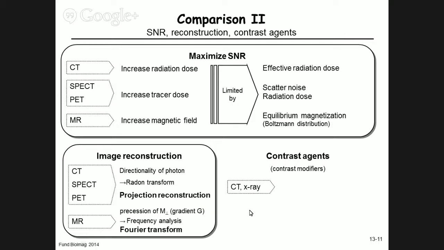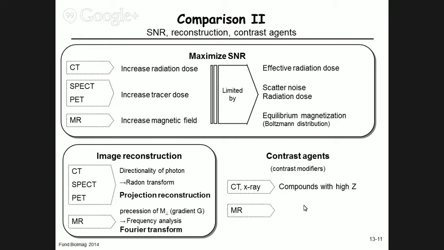In computed tomography or X-ray, contrast agents are typically molecules that change the effective atomic number, so they are molecules with high effective Z. Iodine is the preferred, but not the only, agent here, so it's iodinated compounds.